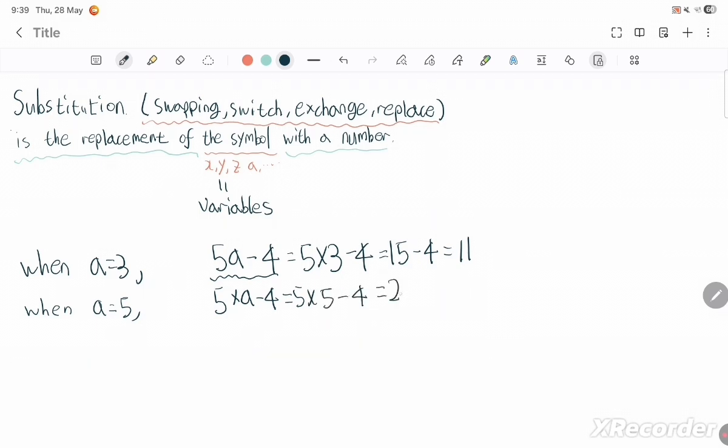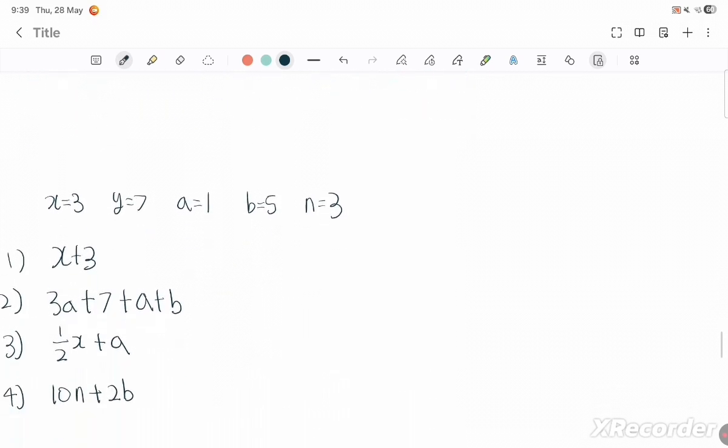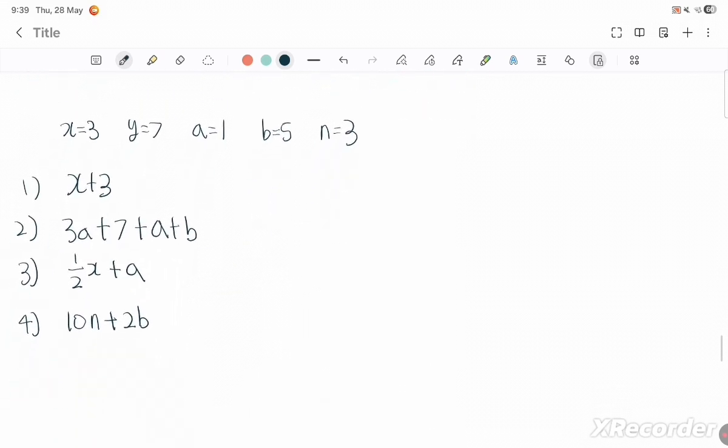It is equal to 25 minus 4, then we get 21, okay? So yeah, you just did substitution. It is pretty easy. It's not really the most hard concept to understand, but we can practice a little bit with these examples.